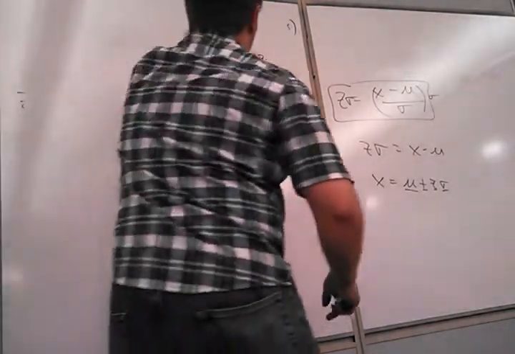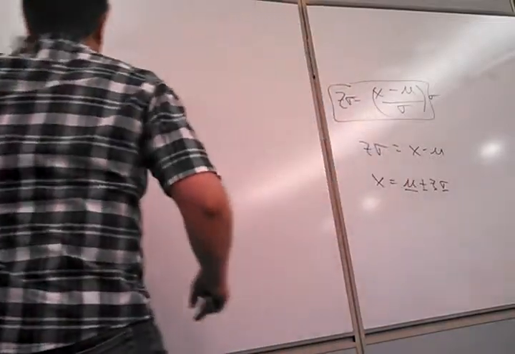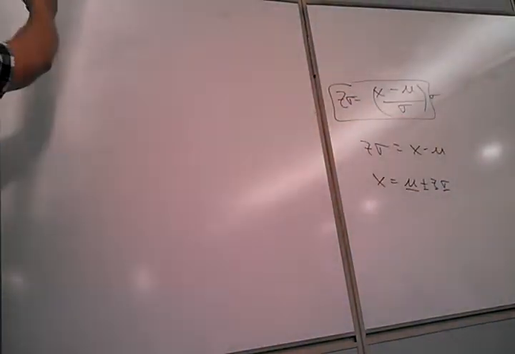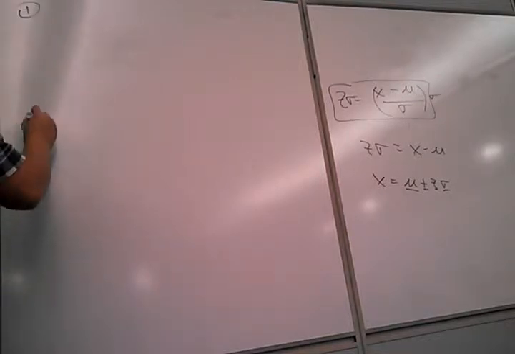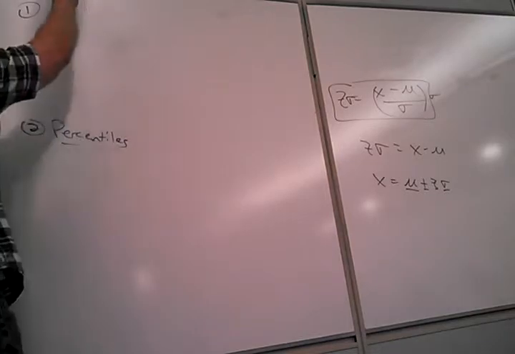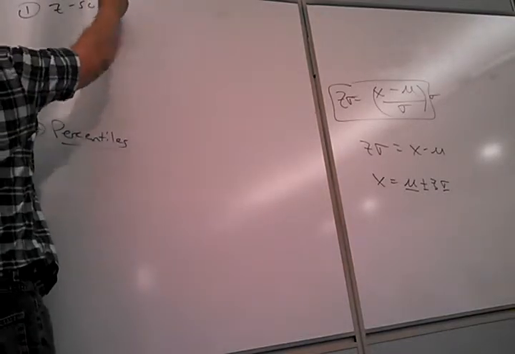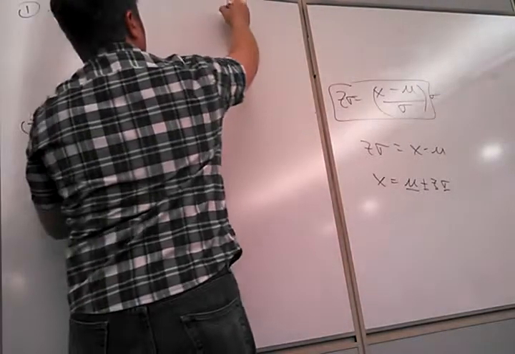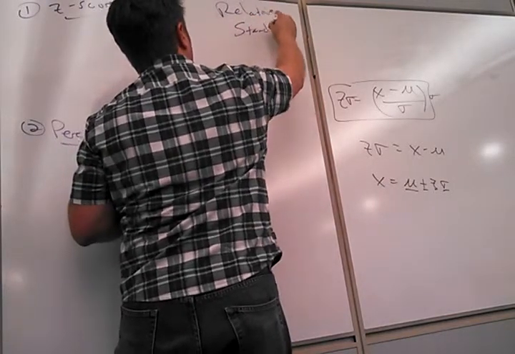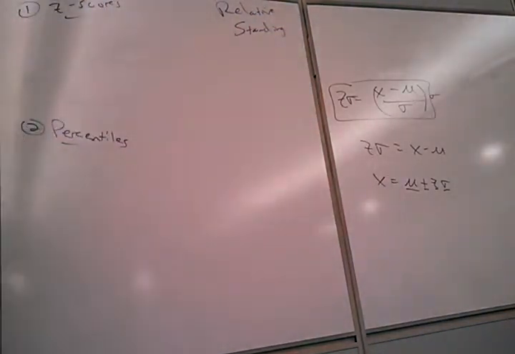So we're going to talk about two things. Before I get back to the percentiles, before I get too far away from z-scores, these are both measures of relative standing. It's relative to other people or relative to the data from the test.